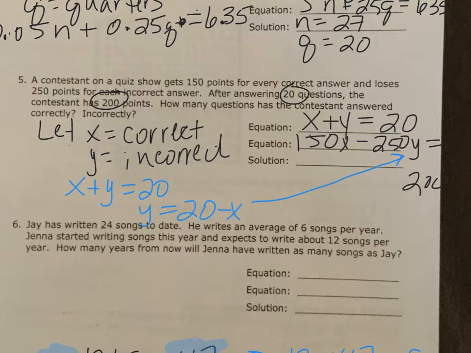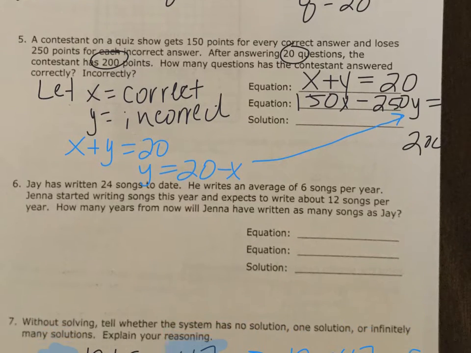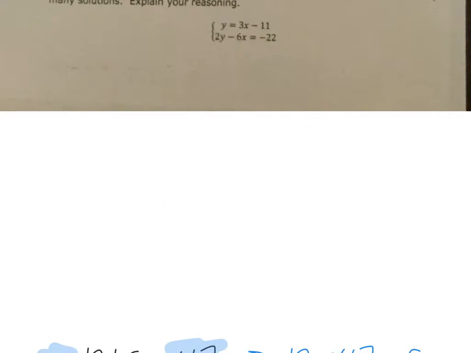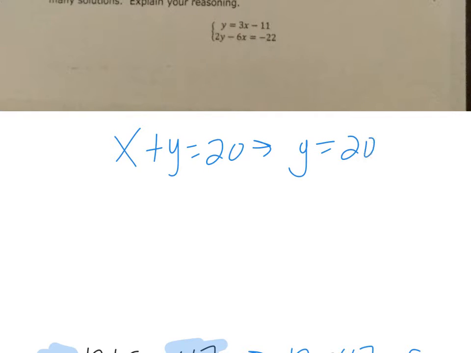Okay, so again, I'm going to kind of go find some room down here to work. So x plus y equals 20, so that's right. I did y equals 20 minus x.